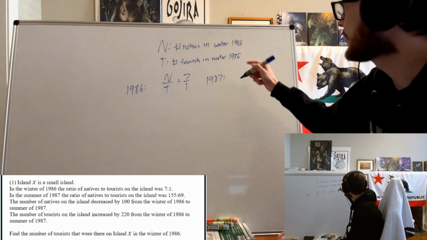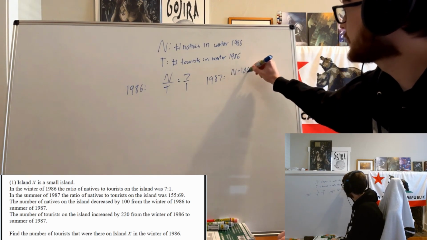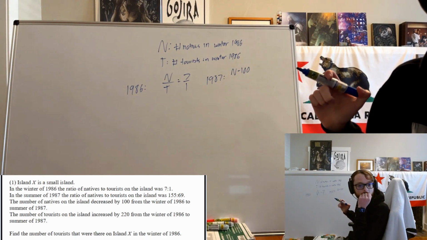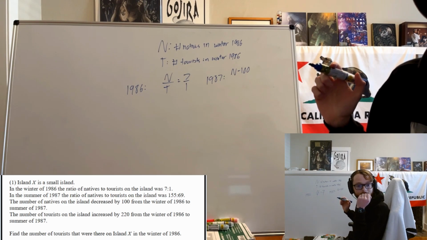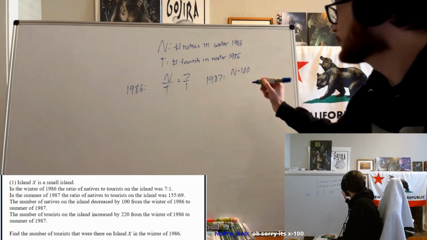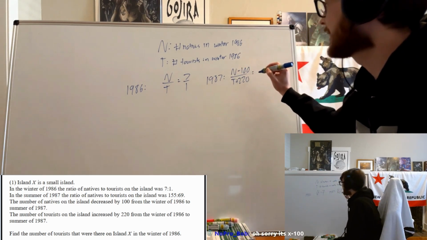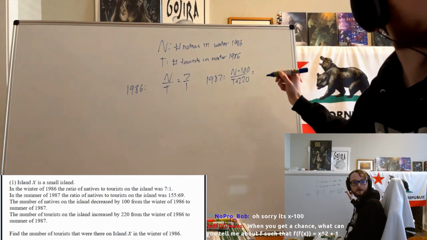Since N is 1986 and this is 1987, it should be N minus 100. And for the number of tourists, they increased by 220, so we would do T plus 220, in the same ratio from the second line, 155 to 69.